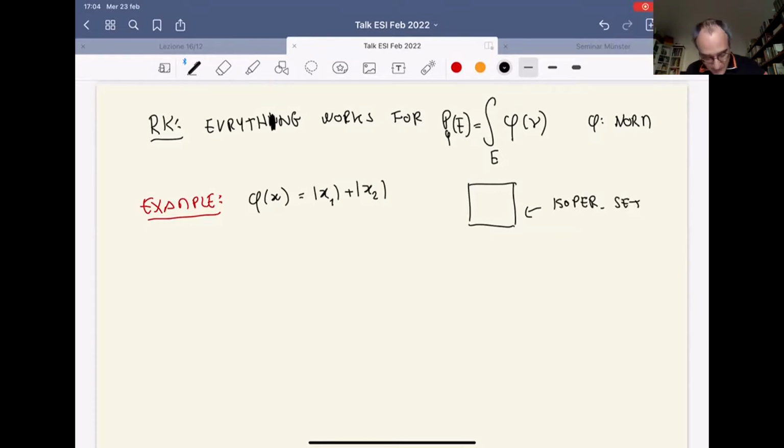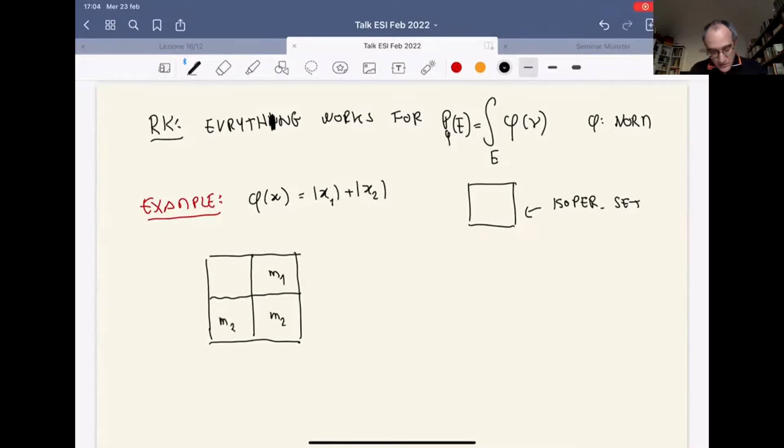Then, of course, for some choices of volumes, not all, but for a few, you could divide the square into little squares. For example, let me give you a specific example. M1, M2, M3 are all equal to, I don't know, 1/4 or whatever. Then I do that.